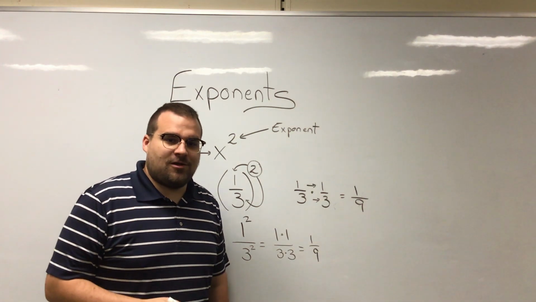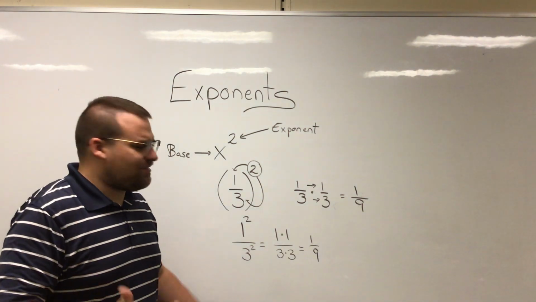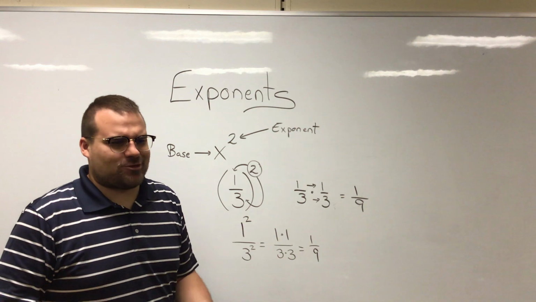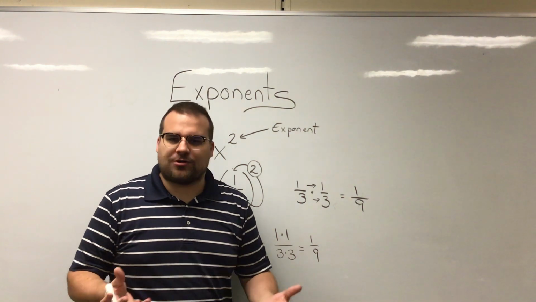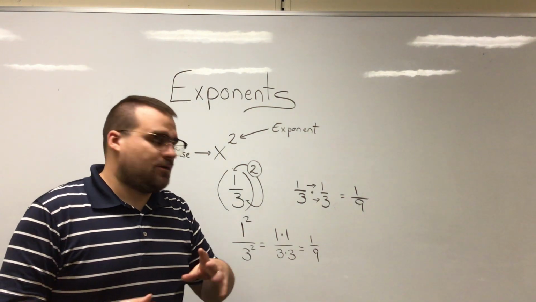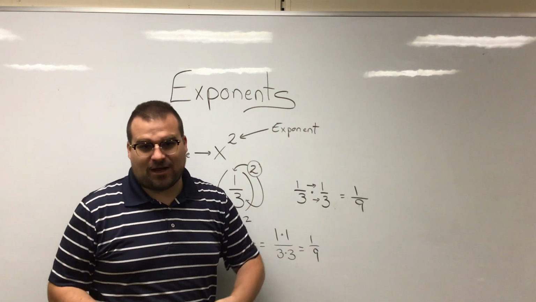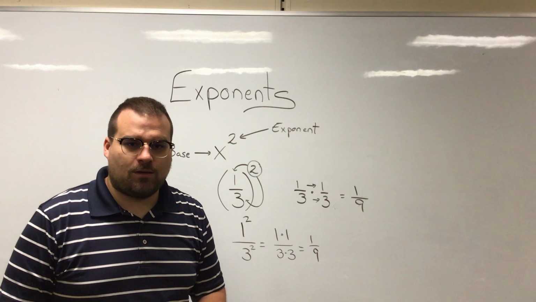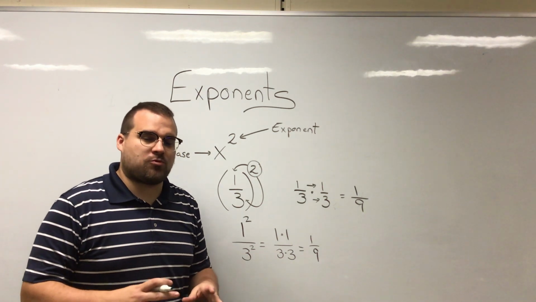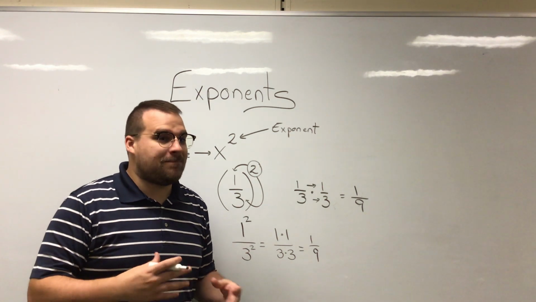Exactly. Now, you're probably thinking, that was easier. We were just multiplying 2 fractions. I'd agree with you. This is probably a situation where we'd want to do it through just multiplying that fraction by itself. However, we have some problems where those exponents get a little bit bigger.